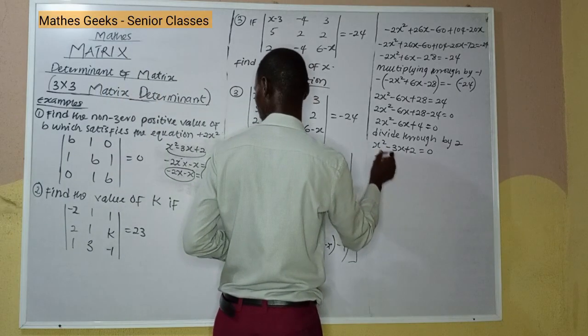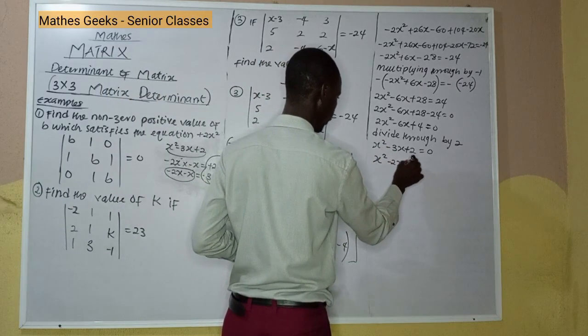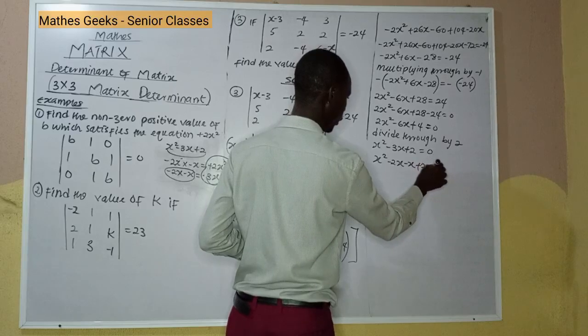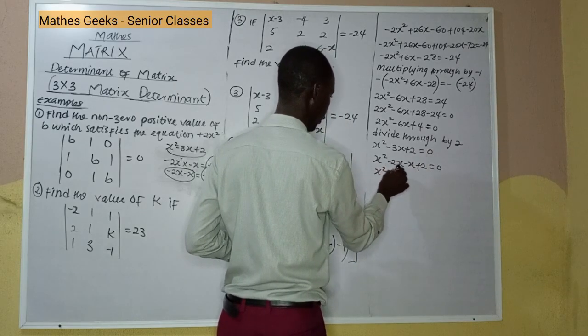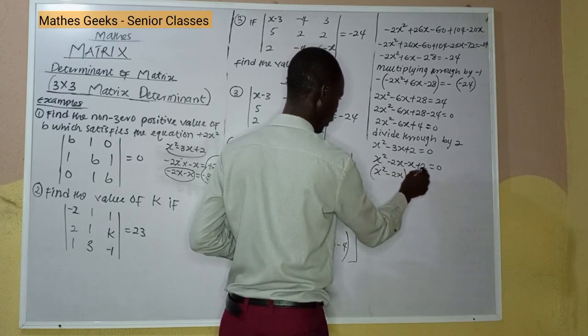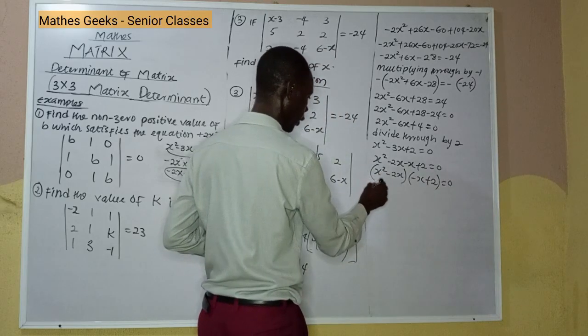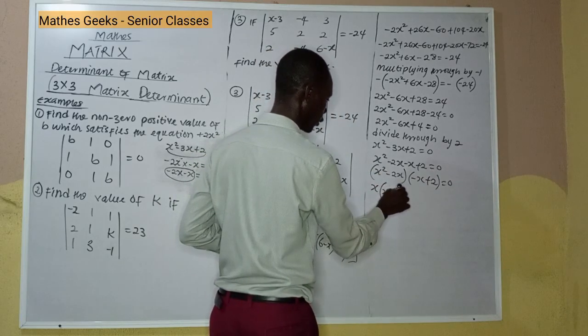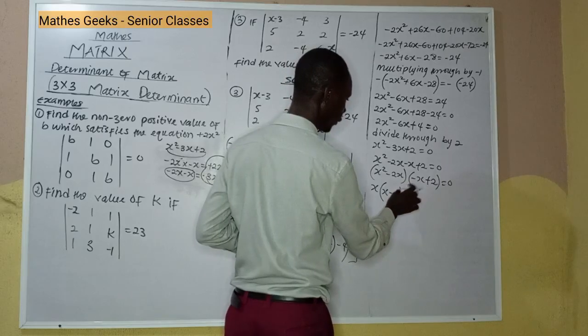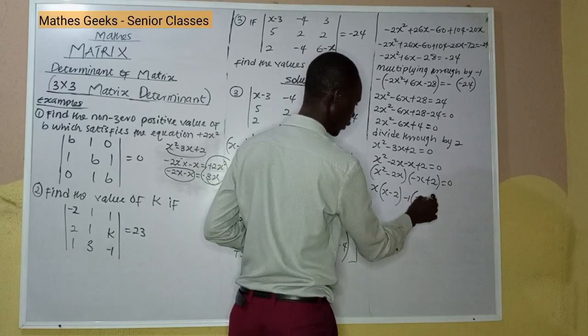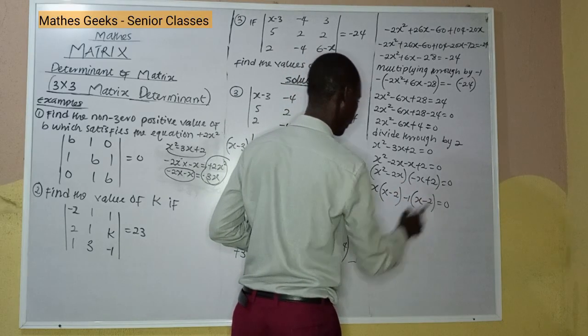So x squared minus 2x minus x plus 2 equals 0. So x squared minus 2x and minus x plus 2 equals 0. X minus 2 and here minus 1 equals x minus 2 equals 0.